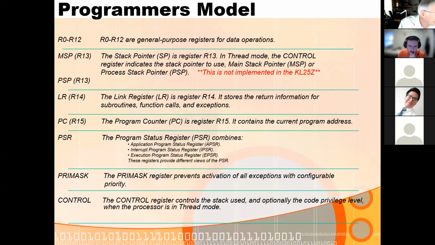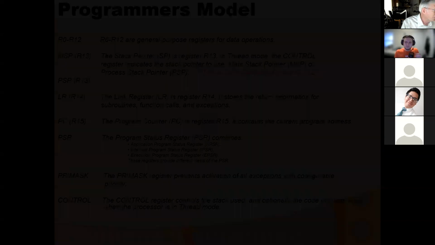And again, C mostly hides this away from us, but there's a carry bit. There is a V bit, which tells you if you're overflowing in signed integers or 2's complement. The carry bit tells you if you're overflowing in unsigned integers. And then there's a negative bit and a 0 bit. So those are the 4 status bits.